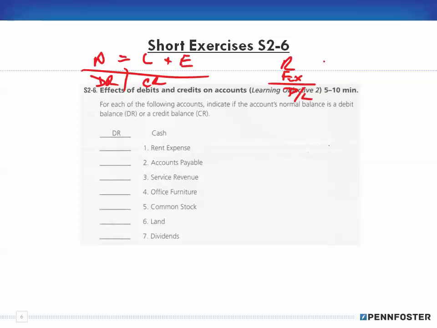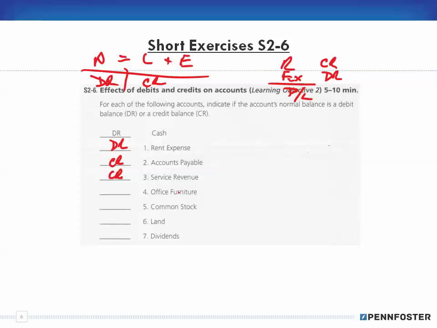So revenues are a credit and expenses are a debit. So rent expenses, a rent expense is an expense account, and we increase that on the debit side. Accounts payable is a liability account, so we increase those on the credit side. Service revenue is a revenue account, that's on the credit side.